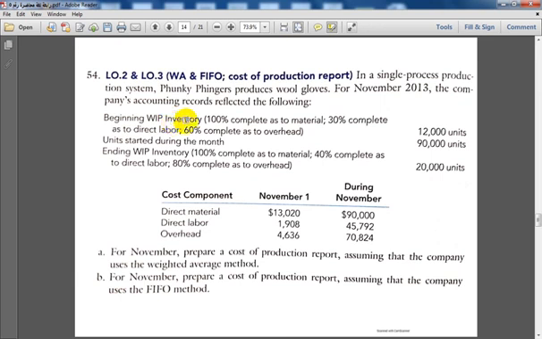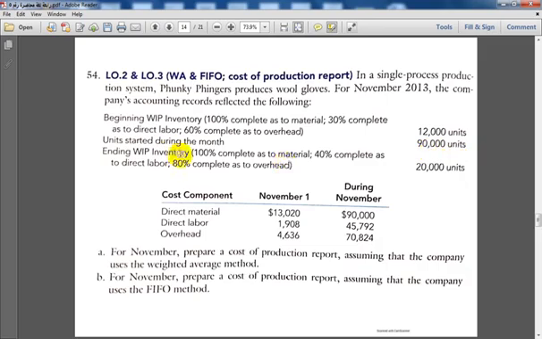Beginning work in process inventory 10% complete as to material, 30% complete as to direct labor, 60% complete as to overhead. The units of beginning work in process equal 12,000 units. Units started during the month 90,000 units.